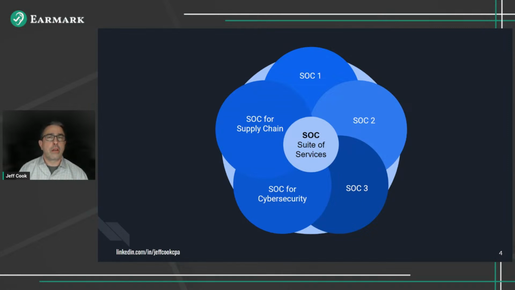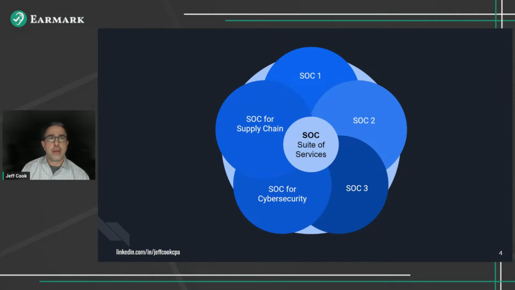So it basically talks about what is the cyber program for this entity. It's a more narrative report where it's meant for boards of directors and things like that, for them to understand the cybersecurity program and how it's operating, as opposed to a SOC 2, which is more system oriented. How is this system secure?